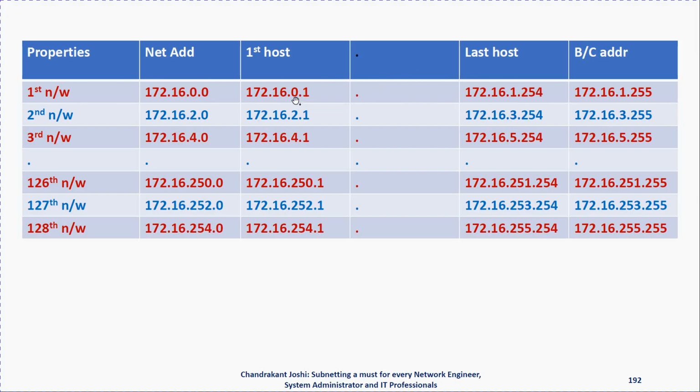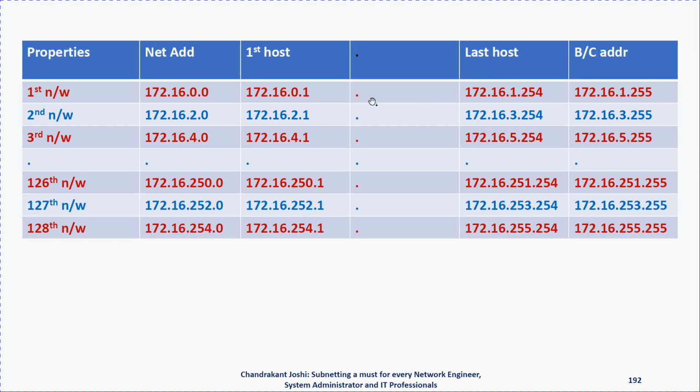If we count from 0.1 through 0.255, that will be 255, and then 172.16.1.0, that is a valid IPv4 address in this particular subnet. So 0.255 is also a host, 1.0 is also a host.